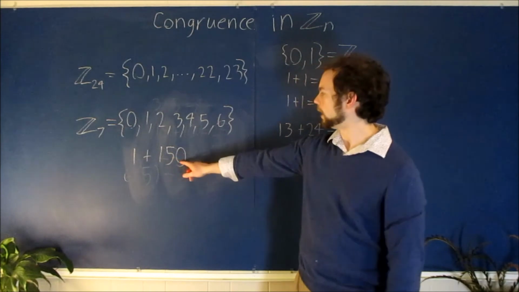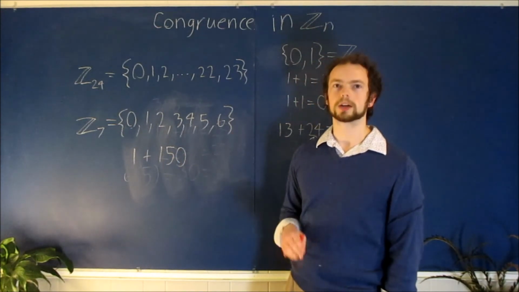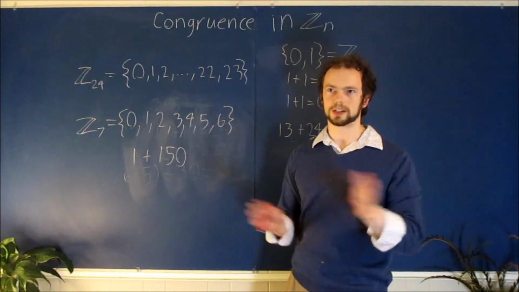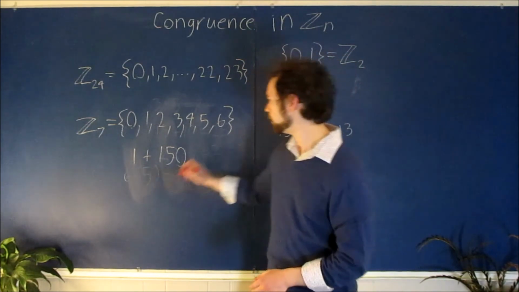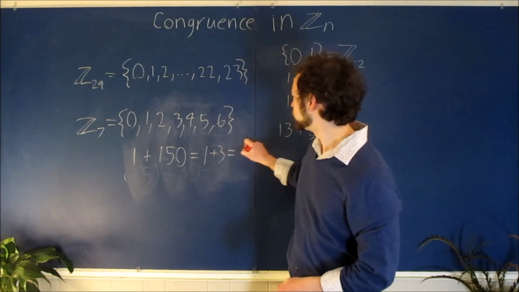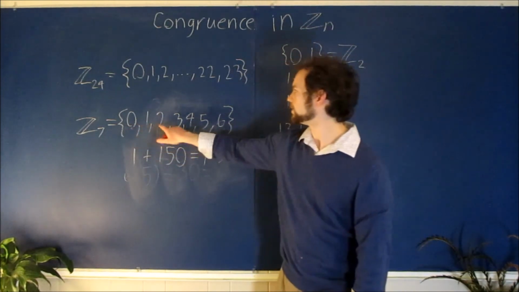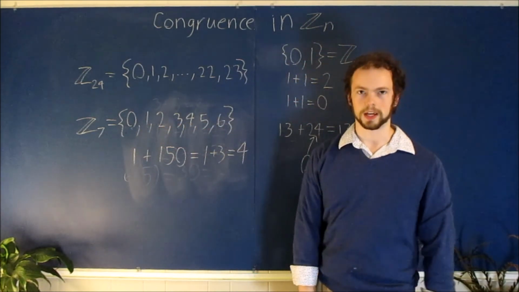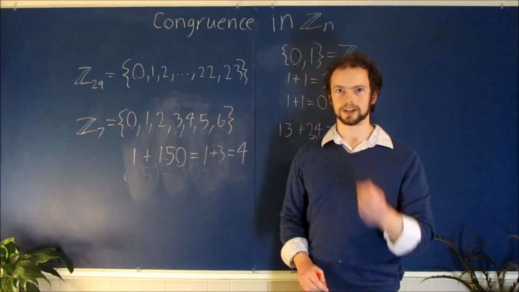But if you divide 150 by 7, you'll actually get a remainder of 3. You can try this using long division at home. I'm not going to do it here. But what that means is this is really equal to 1 plus 3, which gives us 4 here. So Sunday, Monday, Tuesday, Wednesday, Thursday. If you're on a Monday and you wait 150 days, you will land on a Thursday.